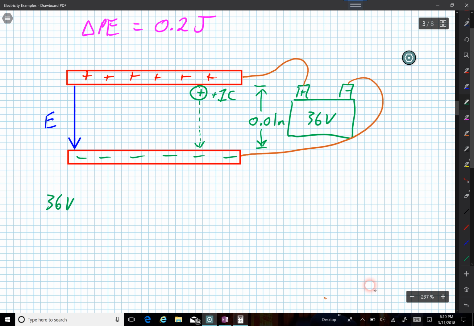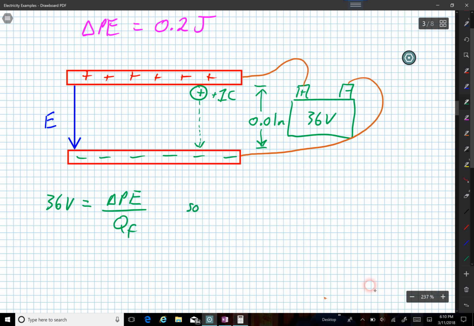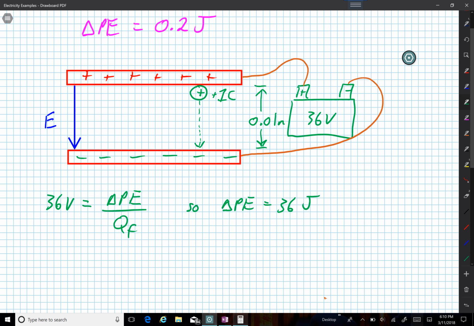So 36 volts equals delta PE over QF. All right, well, we've got a QF of 1. So delta PE equals 36 joules. A 1 Coulomb charge, if it moves from the positive plate to the negative plate, is going to go through a potential energy change of 36 joules.